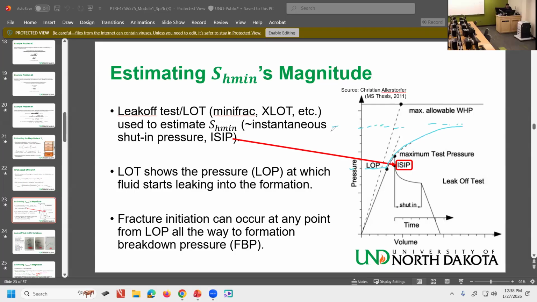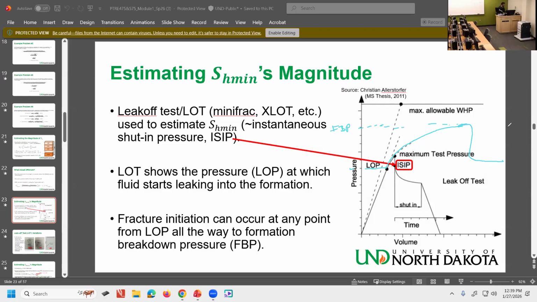We call it the FBP, the formation breakdown pressure. After that, the pressure drops. And then if you keep pumping, it levels off. That's what you do in hydraulic fracturing. For a leak-off test, you are going to end the test much earlier. So that's how you estimate SH min.